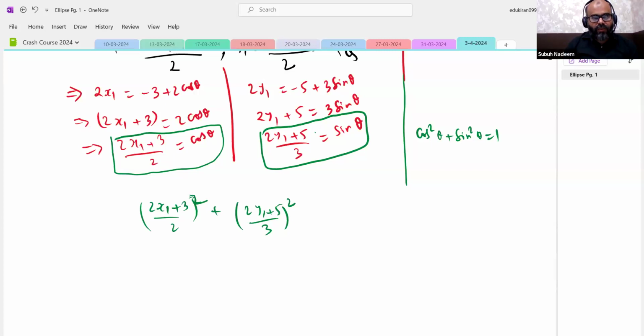So this will be ((2x1 plus 3) by 2) whole square plus ((2y1 plus 5) by 3) whole square is equal to 1. So this is the locus. This will be your answer.